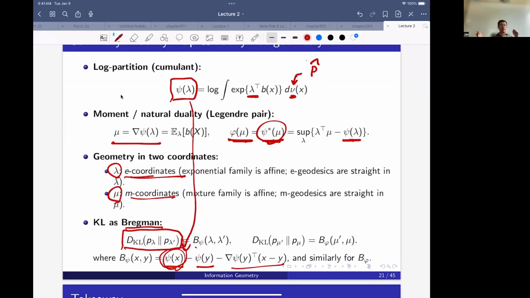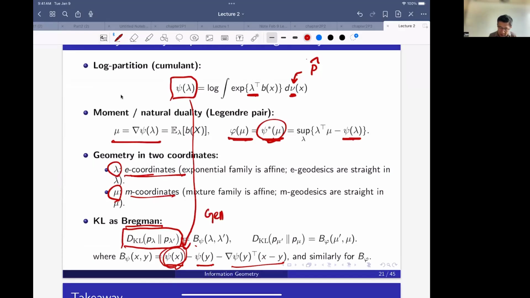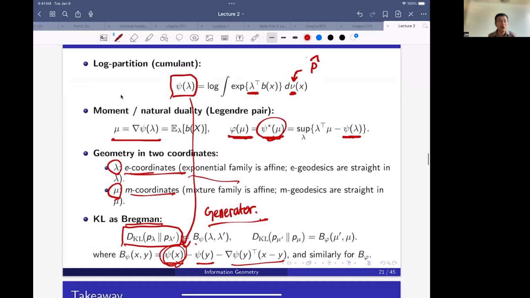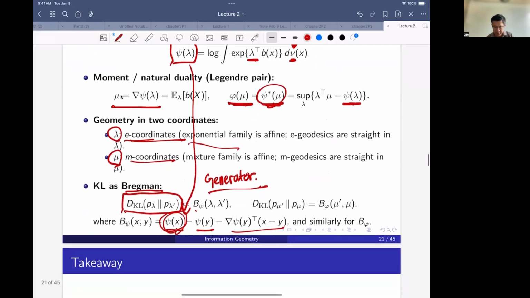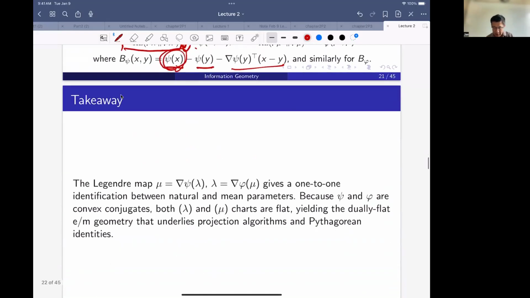Sometimes this psi is called the generator, because it basically creates the whole subspace. And basically this guy creates all the coordinate systems later and the Pythagorean theorem. But we'll see that next class.